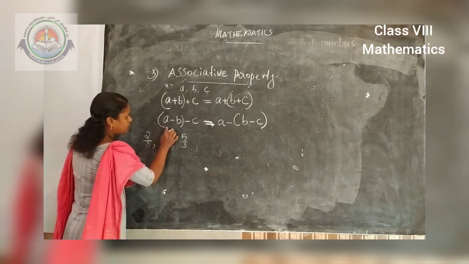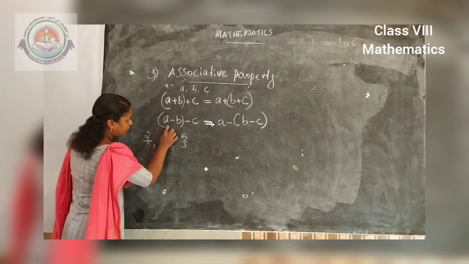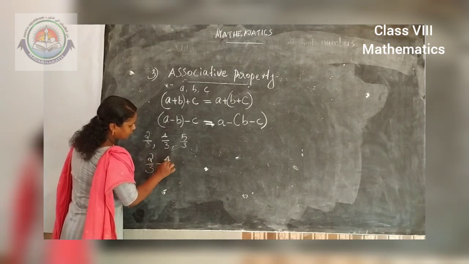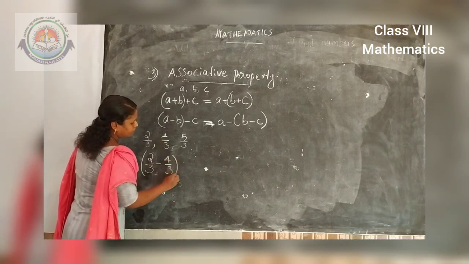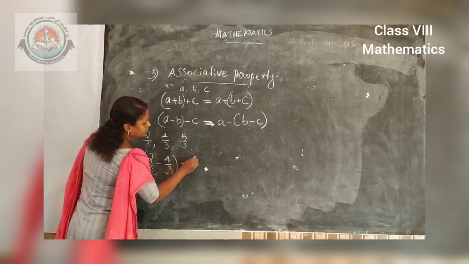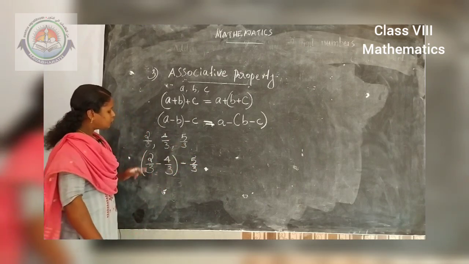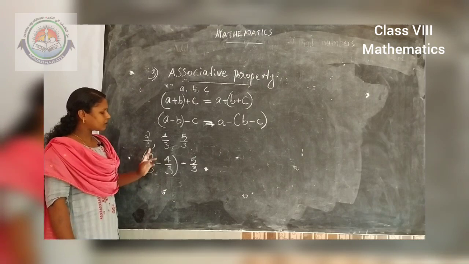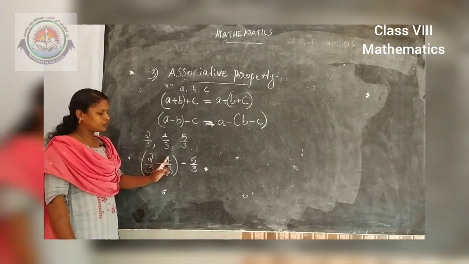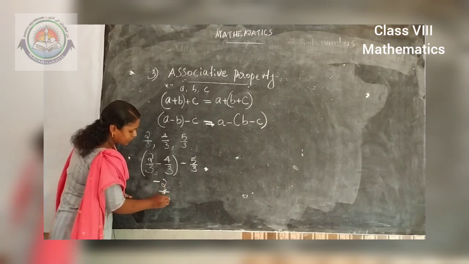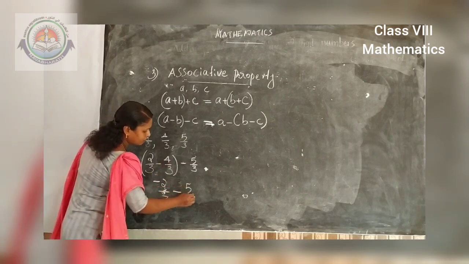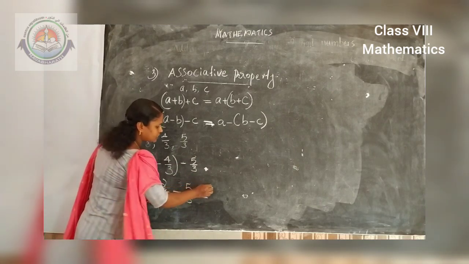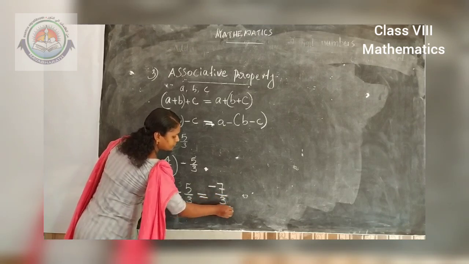If we take this part, (a minus b) minus c, first we subtract 2 by 3 minus 4 by 3, minus 5 by 3. Denominators are the same, so subtract the numerators. 2 minus 4 is minus 2 by 3, minus 5 by 3. That is minus 2 minus 5, which is minus 7 by 3.